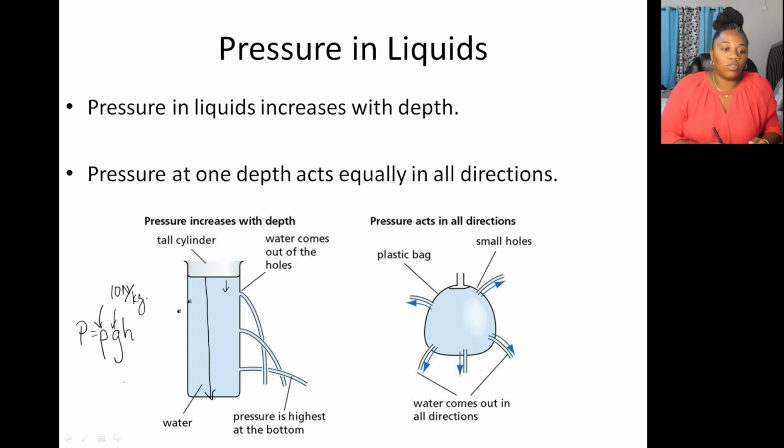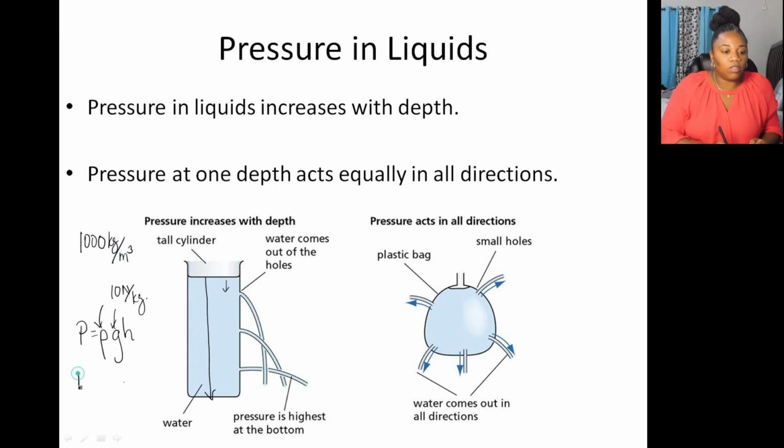Okay, so let's just imagine that the density of this solution is 1. Let's just imagine it's water, so 1000 kilograms per meter cube, right?